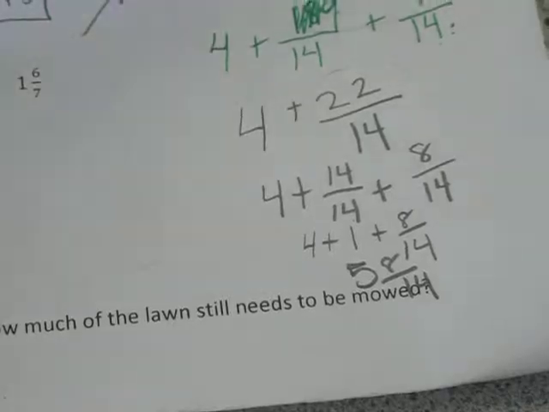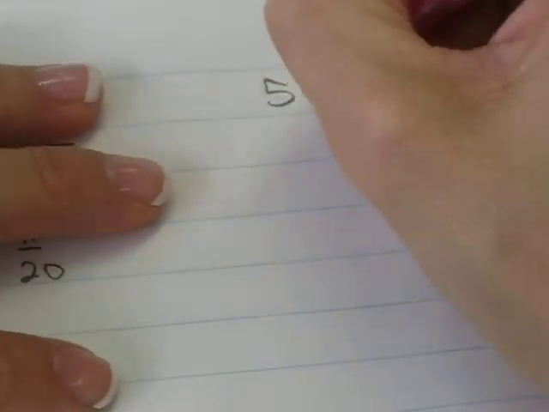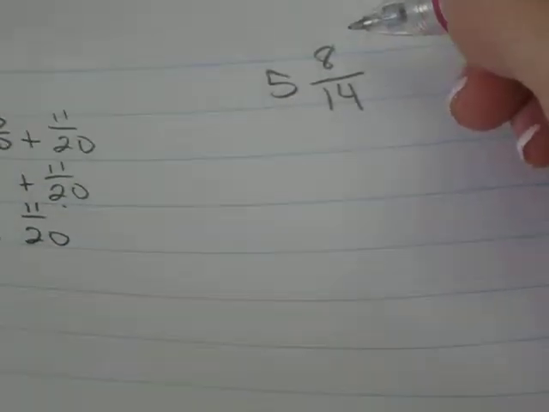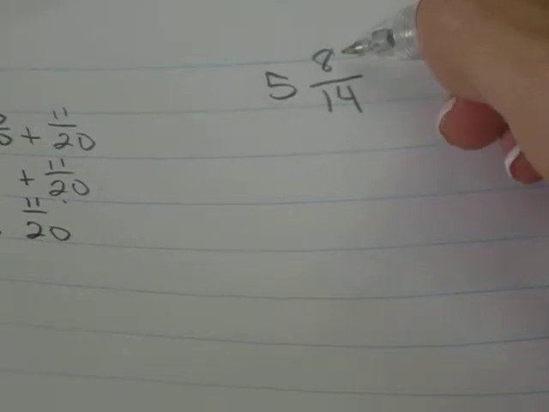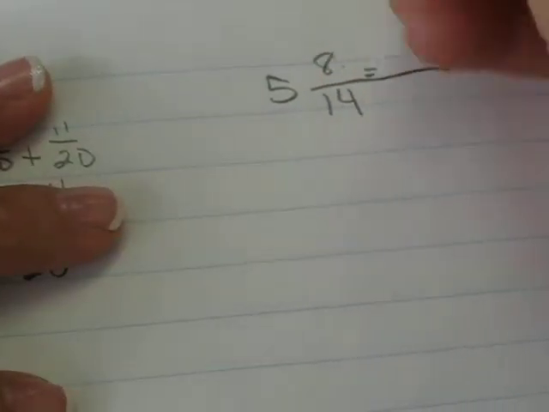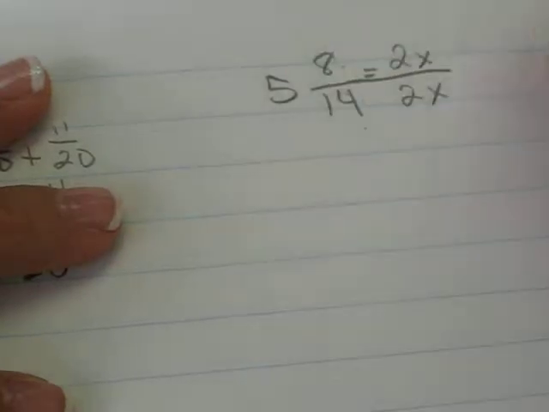Now I'm going to bring this actually onto another piece of paper, because if my answer is 5 and 8/14ths, okay, this, again, if a number ends in 0, 2, 4, 6, or 8, it means it's divisible by 2. So 2 times something is going to give me 8 and 14.